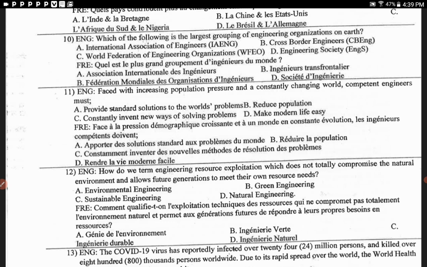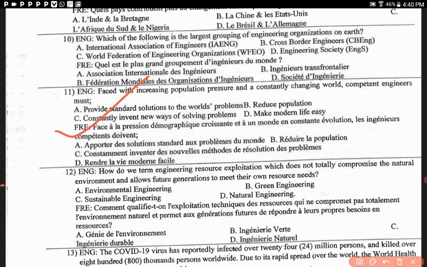Faced with increasing population pressure and a constantly changing world, competent engineers must... Let's see what A says: provide standard solutions to the world's problems. B, reduce population. Really? C, constantly invent new ways of solving problems. The answer is C.